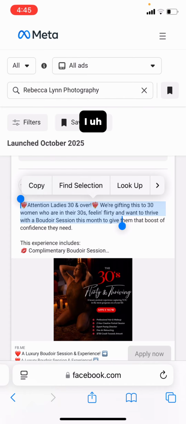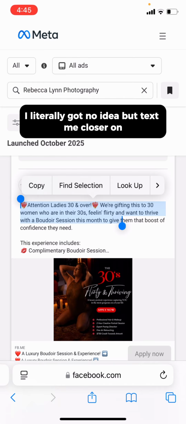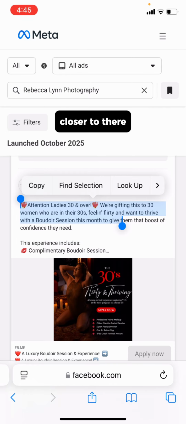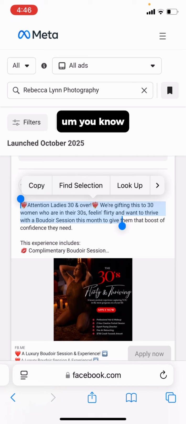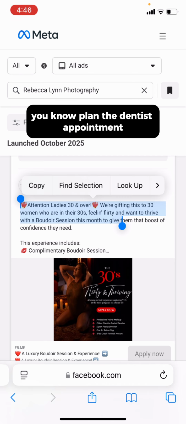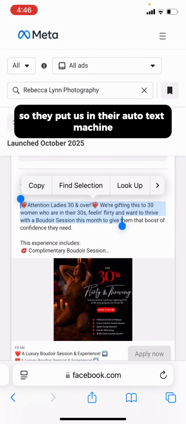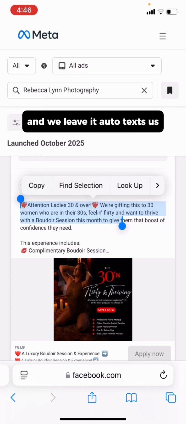And we're like, dude, I literally got no idea, but text me closer to then, and I will actually figure it out. I'll see what my schedule is then so I can plan the dentist appointment. So they put us in their auto text machine and we leave.